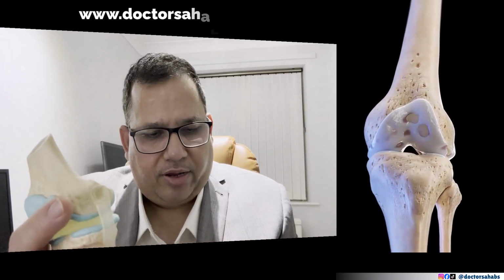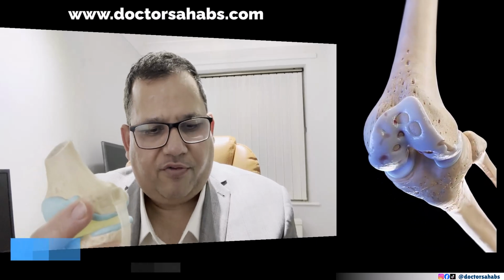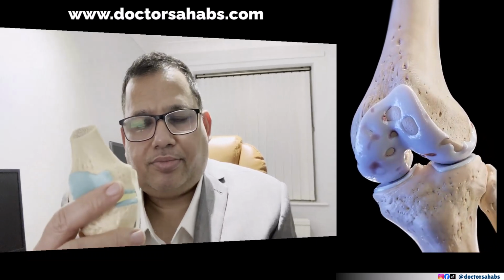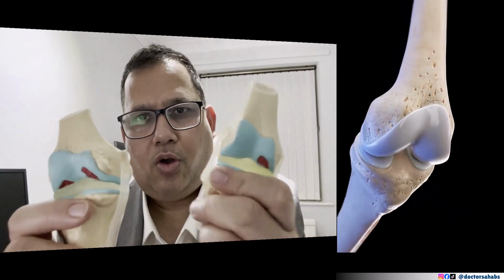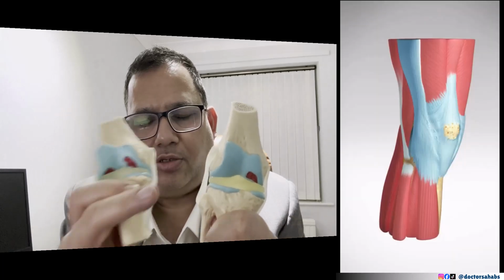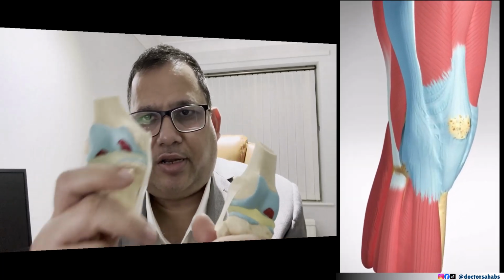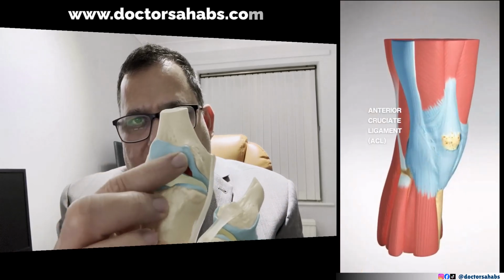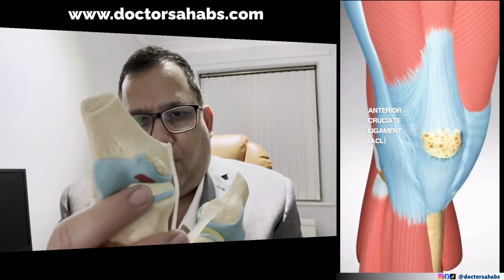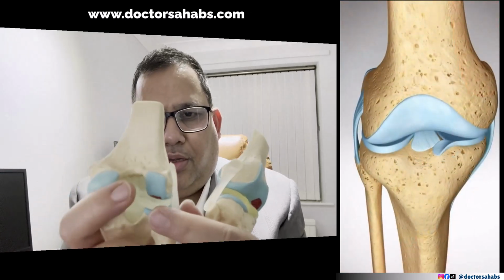Okay, this is a model of early osteoarthritis, and this model is showing you moderate osteoarthritis. Initially the osteoarthritis was like this, but now it is getting worse. You see the cartilage damage here and here, and also here.